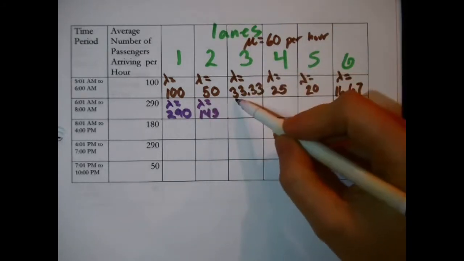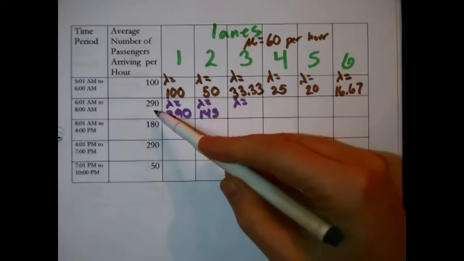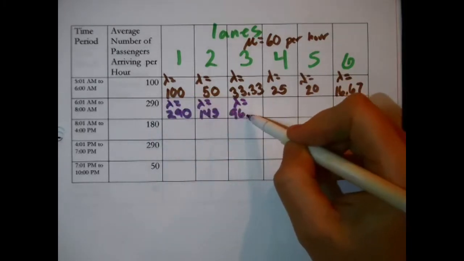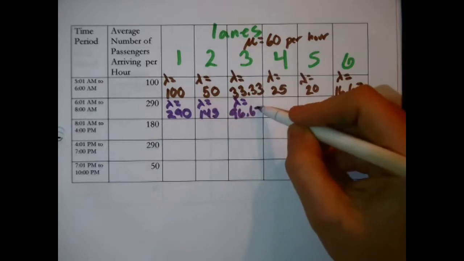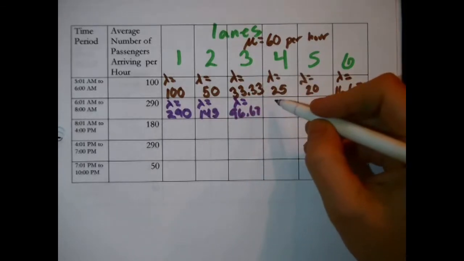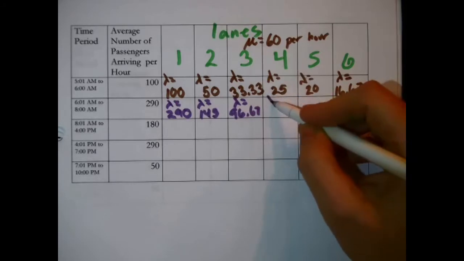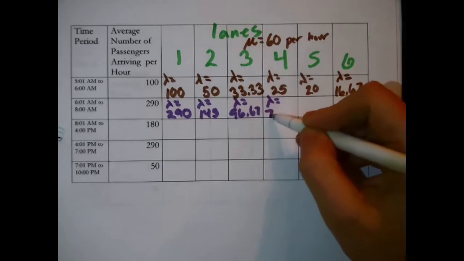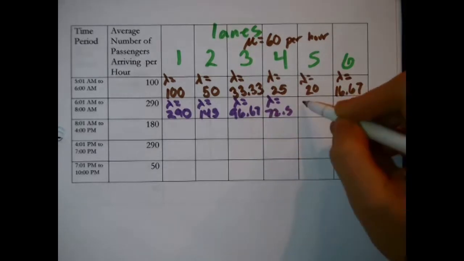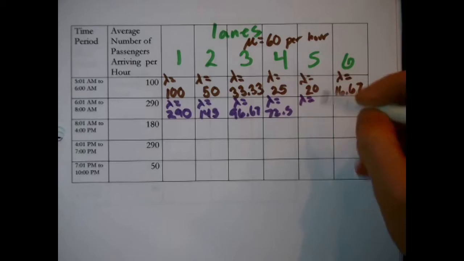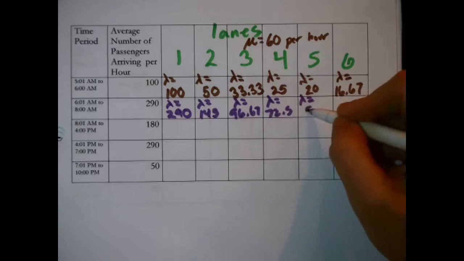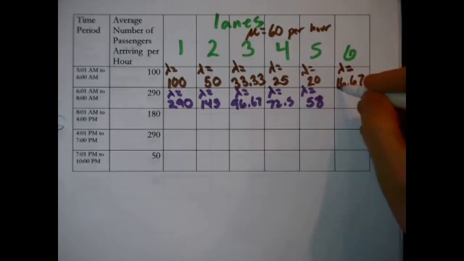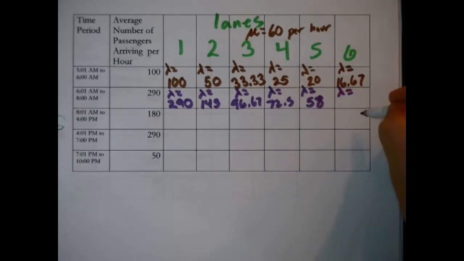If you have three lanes open, it will be 290 divided by 3, which is an average of 96.67 passengers arriving at each checkpoint lane. If you open 4 lanes, 290 divided by 4, I get 72.5. If you have 5 lanes, 290 divided by 5, I get 58, an average of 58 passengers arriving in each lane. And then 290 divided by 6, I get 48.33.